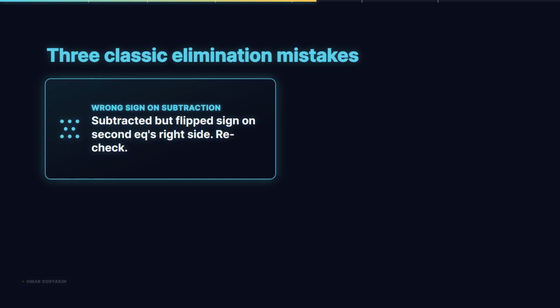Let me restate. The error pattern is subtracting 24 minus 8 gives 16, but a student writes minus 16 by flipping the sign mistakenly. The fix is to always write the subtraction step explicitly with the second equation flipped to addition form. Subtract is add the negative. Use the explicit form to keep signs clean.